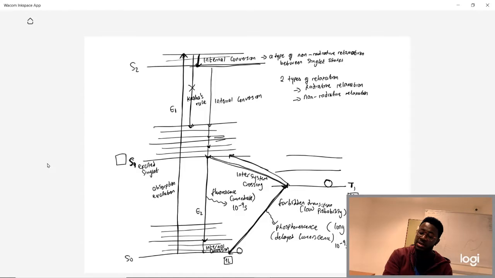So E1 is much greater than E2, because some of the energy that the molecule absorbs is lost by internal conversion, a lot of internal conversion. So I'm going to write it: some of the energy absorbed is lost by internal conversion as heat.